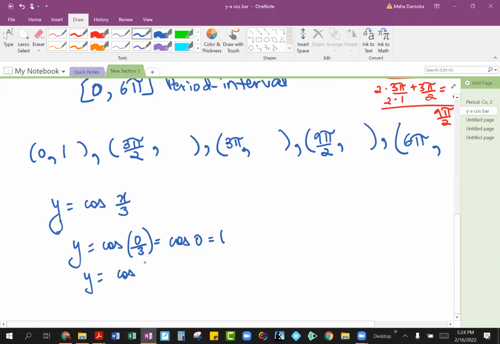Now for the second one, you will have cosine of 3 pi halves divided by 3, which will come out to be, if you clean this up, the 3 and 3 will cancel out, leaving you with cosine of pi halves.